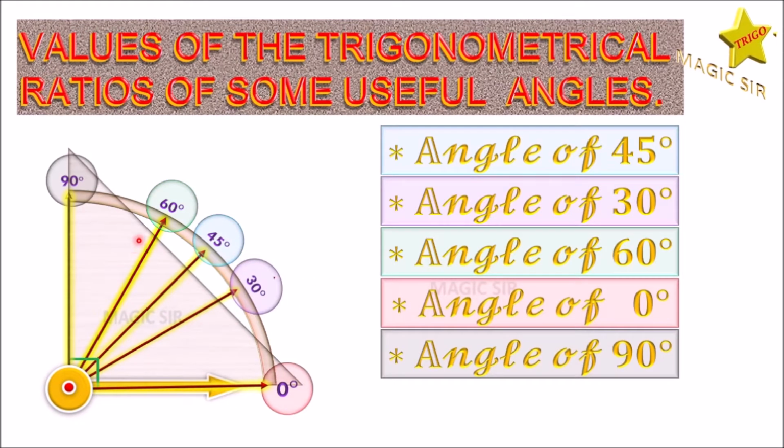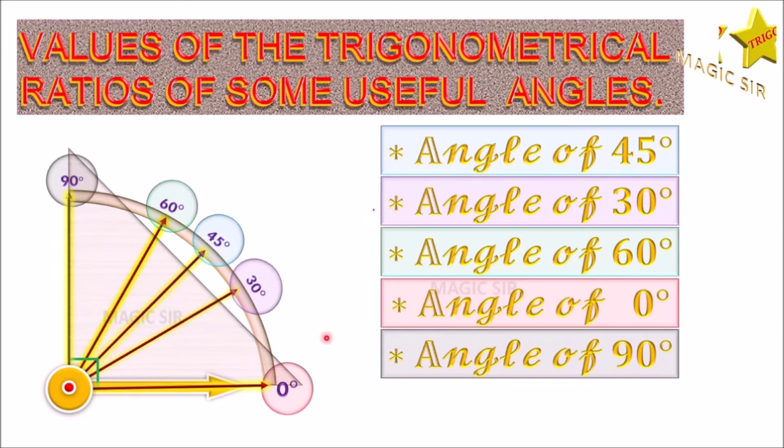In my previous video, we obtained the values of trigonometric ratios of angle 45 degree. Today, we will find the values of the ratios of angle 30 degree. We will use the same figure and same method to obtain the values of the ratios for 60 degree.